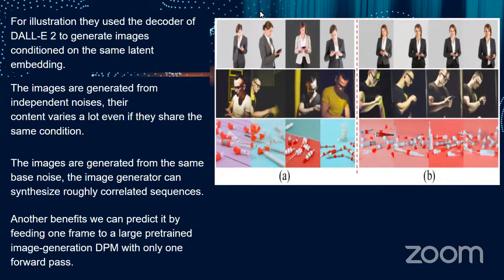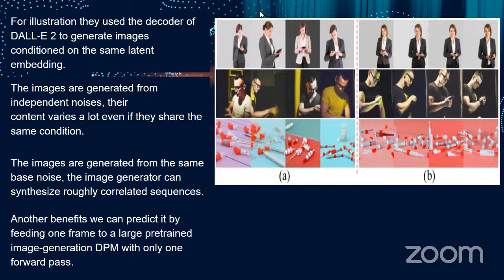There are a lot of differences between these images. While in the next part, image B, we can see that the images are generated from the same base noise, and they are almost identical. They share a lot of information between each other: the motion, the person, and the background.